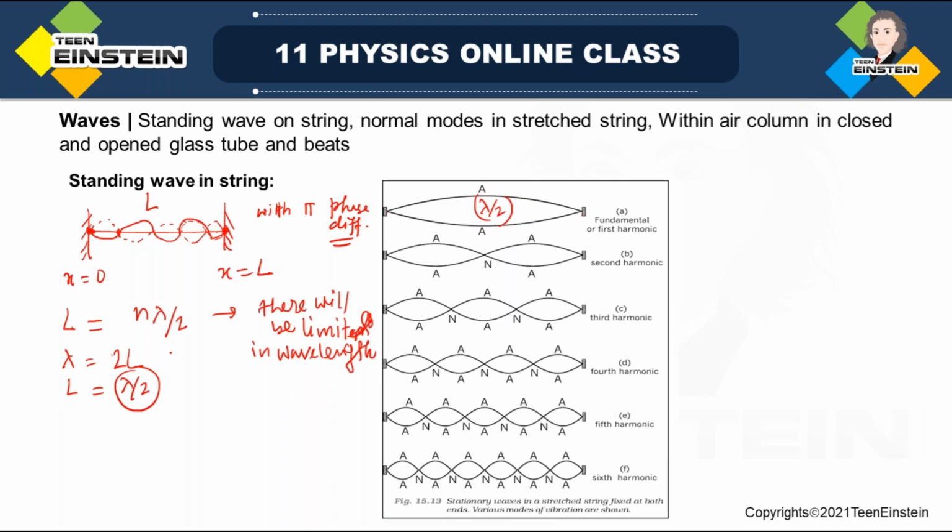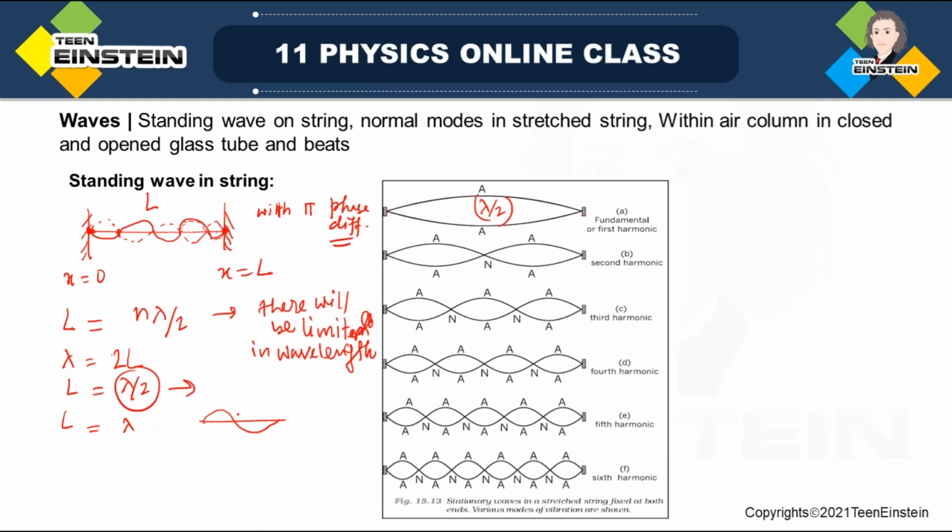This is related to one particular frequency of vibration. If n is equal to 2, then L is equal to lambda. That means within L there should be a complete wave. This is the complete wave.